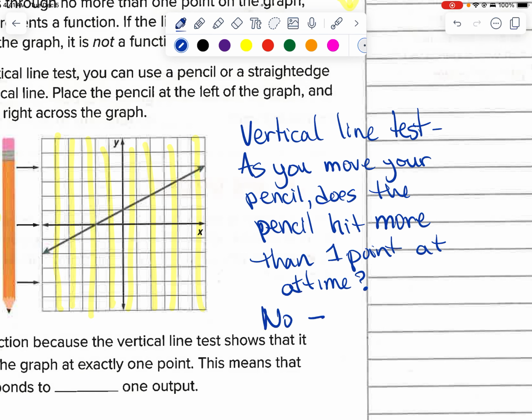No, then it's a function. Yes, then it's not a function.